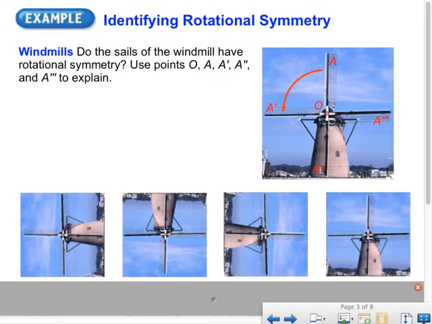All right, rotational symmetry. So we're going to identify some rotational symmetry. I want to walk you through what is a clockwise rotation and a counterclockwise rotation, so we're prepared for both types of questions that we might see.